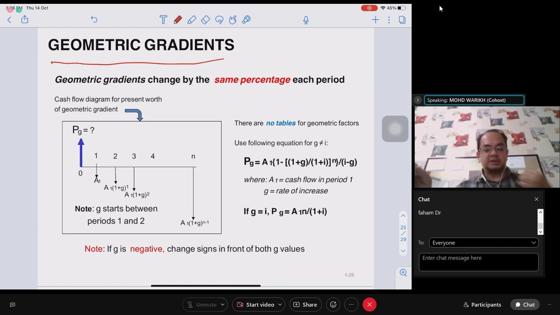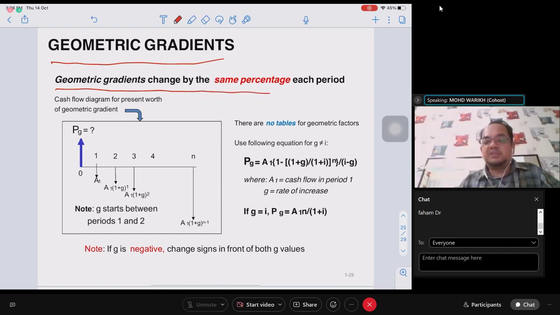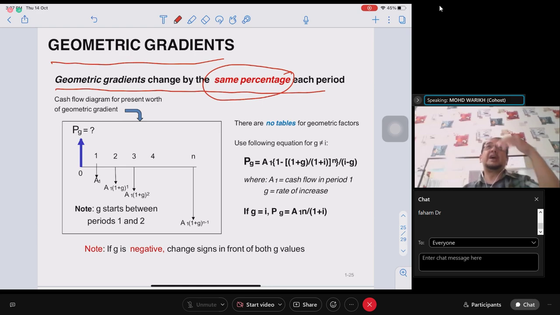Just to remember. Alright, so this is a geometric gradient. Geometric means that it changes by the same percentage each period. For the arithmetic gradient, we add the same numbers within 8 years.